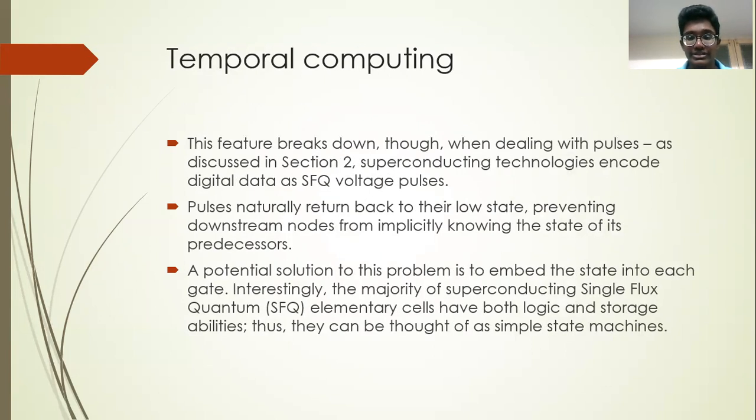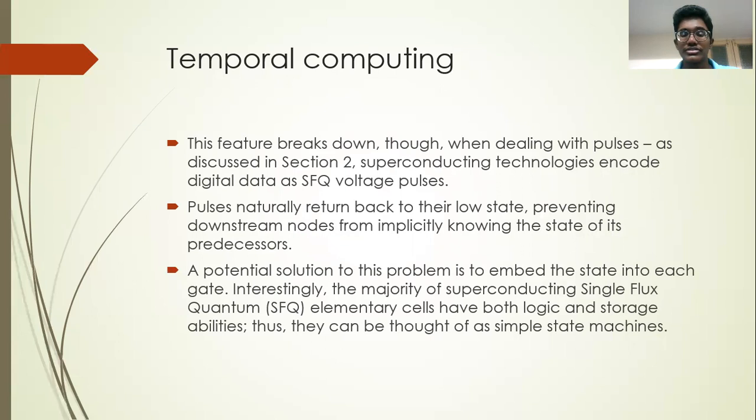Here we can see that pulses naturally return back to their low state, preventing the downstream node from implicitly knowing the state of its predecessor. That is how temporal computing works for us, where the signal comes back naturally to its low state after going to the high state, preventing the downstream nodes from implicitly knowing the state of its predecessor.